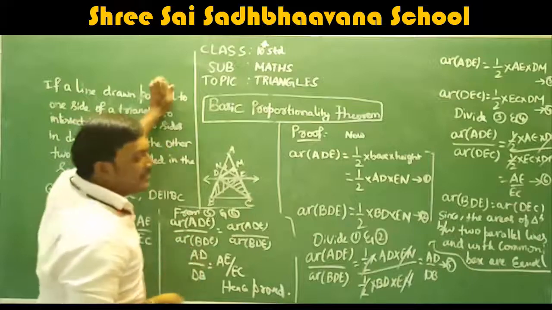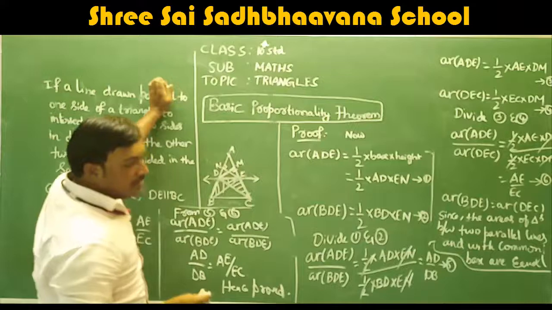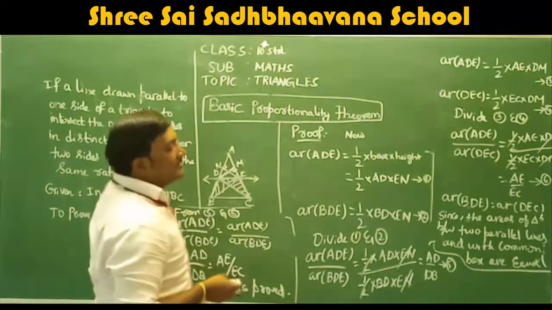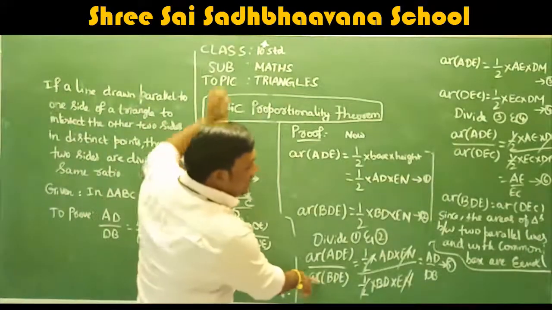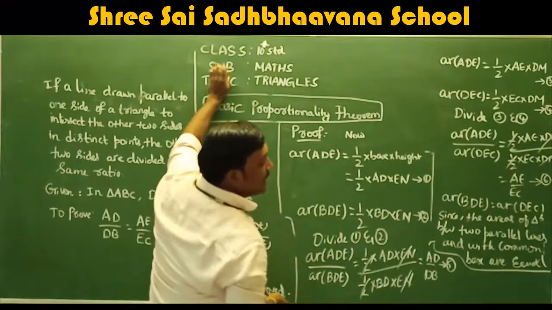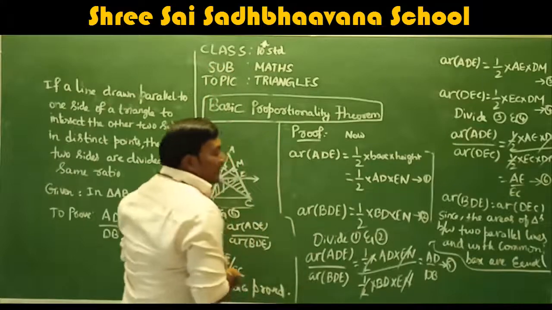Fine. So after writing it, we concluded that area of BDE is equal to area of DEC. It means, see in equation 5, here we have denominator BDE. In equation 6, we have denominator DEC.